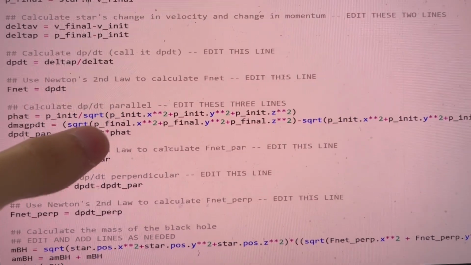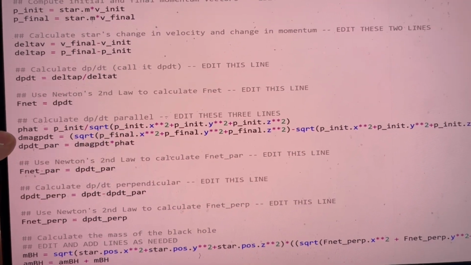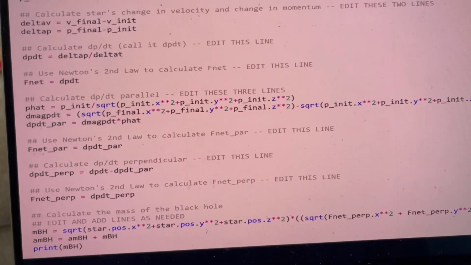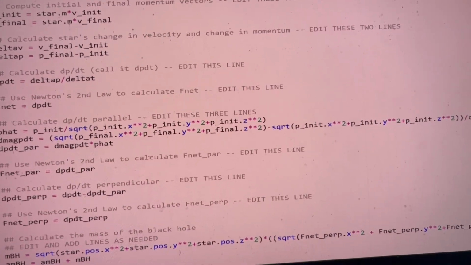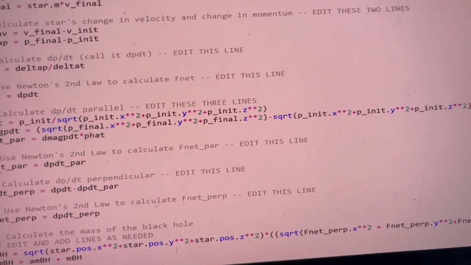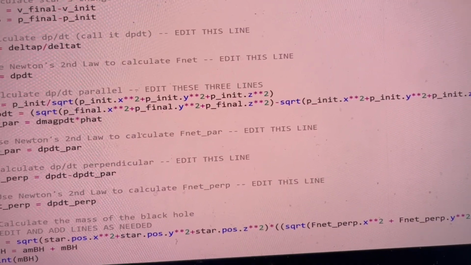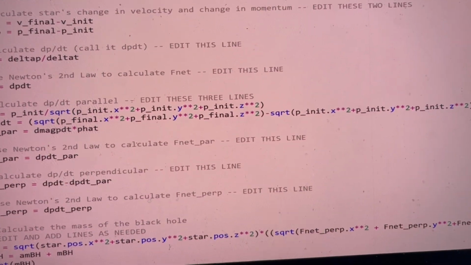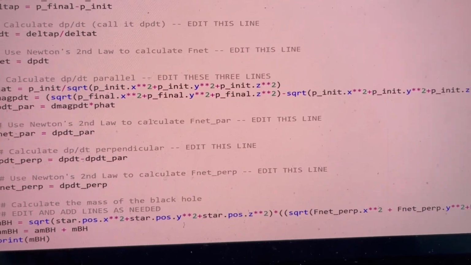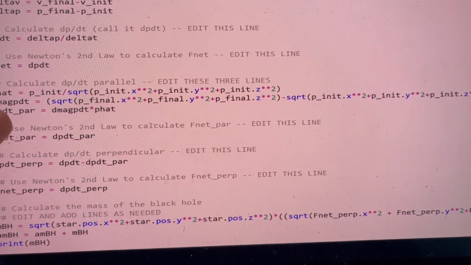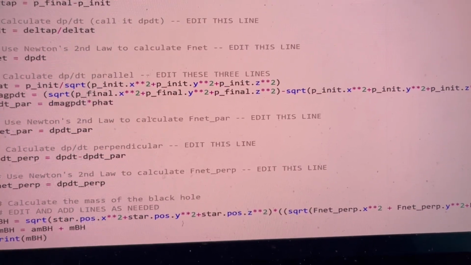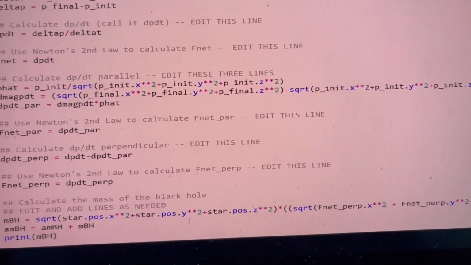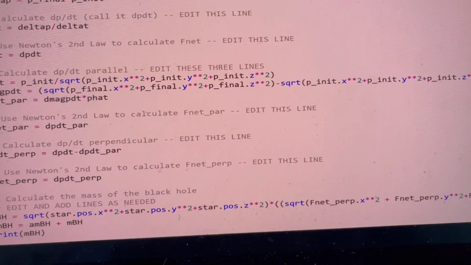And then we find the unit vector here, which is the momentum vector over the magnitude of the momentum vector. We put that over time and multiply the change in the magnitude of the net force times the unit vector of momentum to find the parallel force.